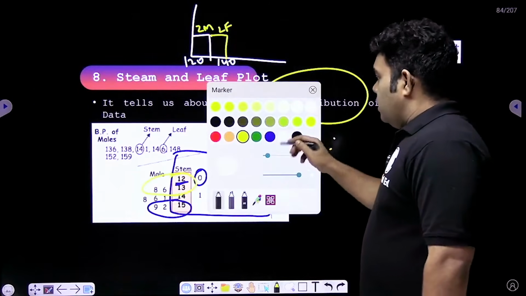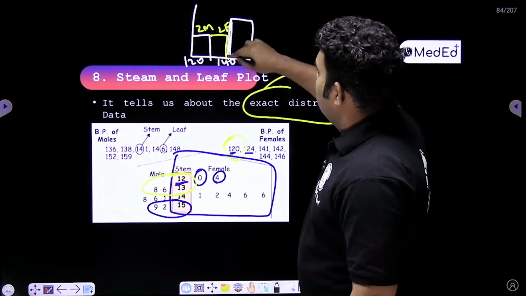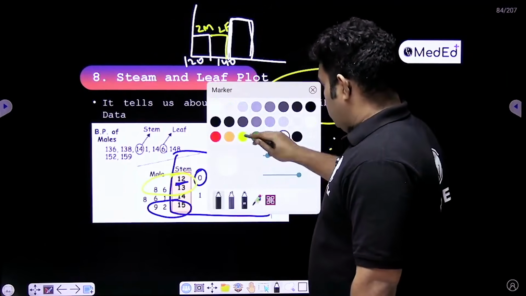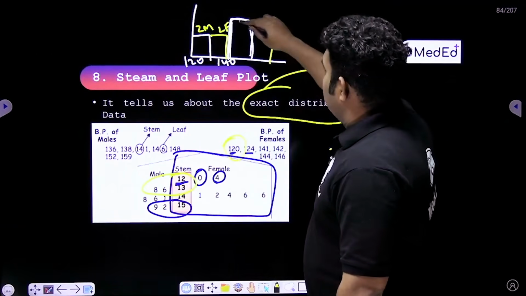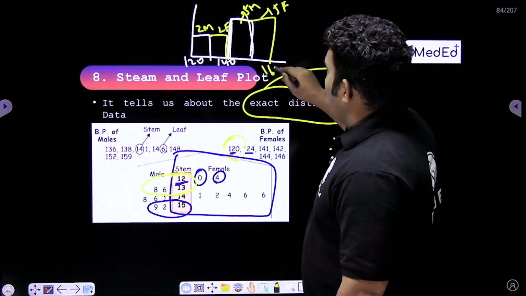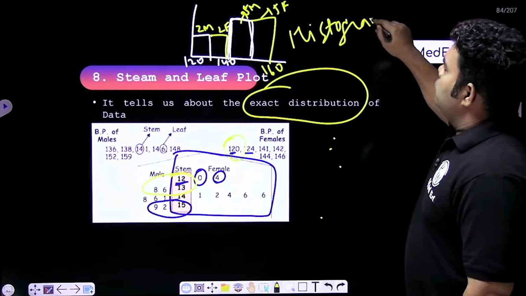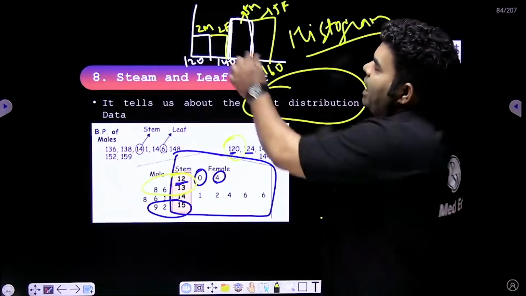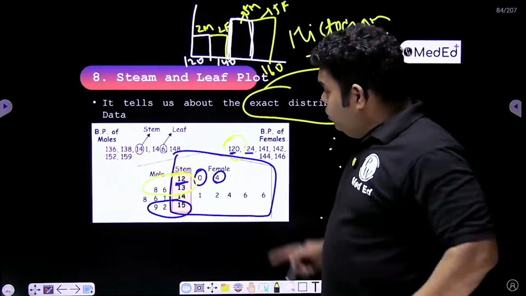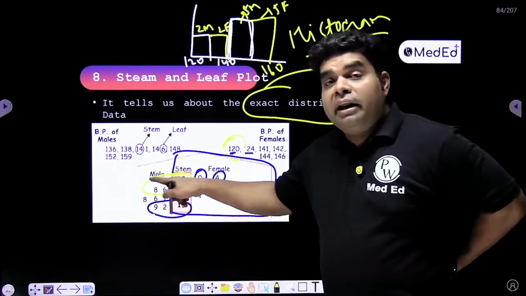Then between 140 to 160, there are 5 male and 5 female. So if you draw this, this is a histogram. If you draw it as a histogram, it looks like male and female have an equal amount of hypertension. But if you draw the stem and leaf plot, then it comes out that 152, 159, 2 BPs are in male.